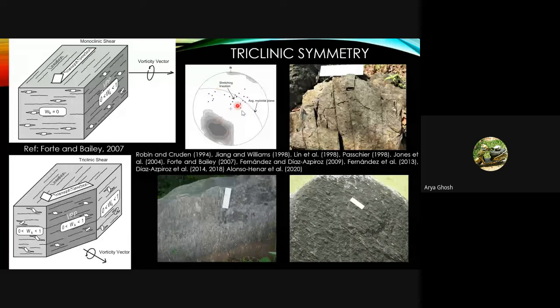This happens when the symmetry of the shear zone is triclinic. All these workers have worked in these scenarios and have come to the conclusion that if there is a variation in stretching lineation on the shear plane, then we can conclude that the shear zone has triclinic symmetry. For better understanding of this situation, we have taken help of some block diagrams.